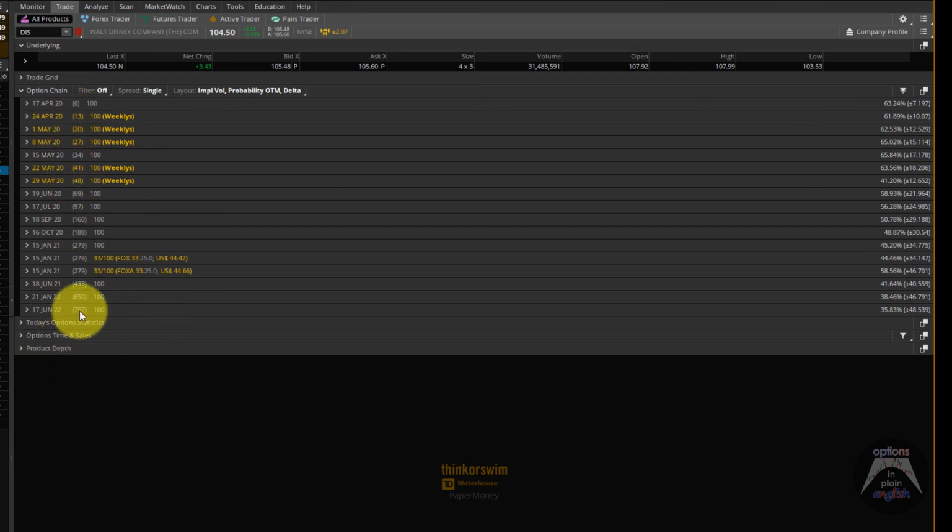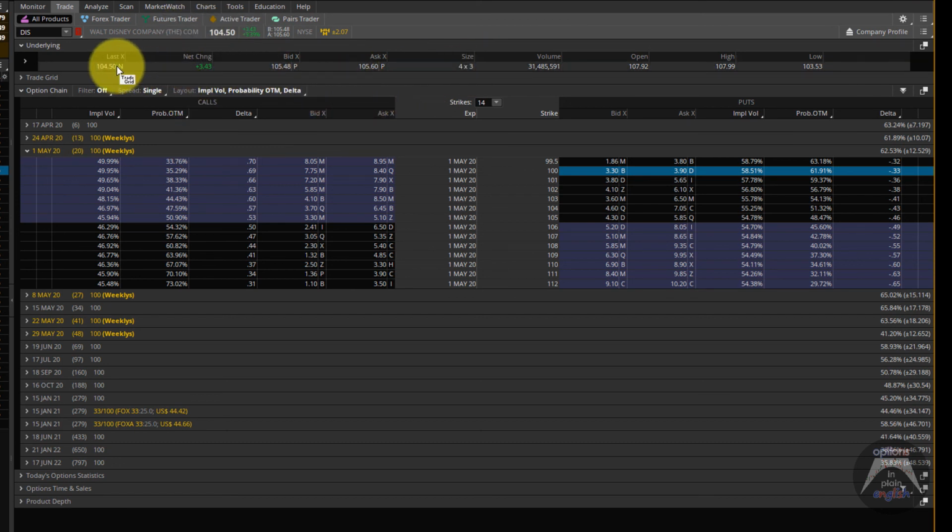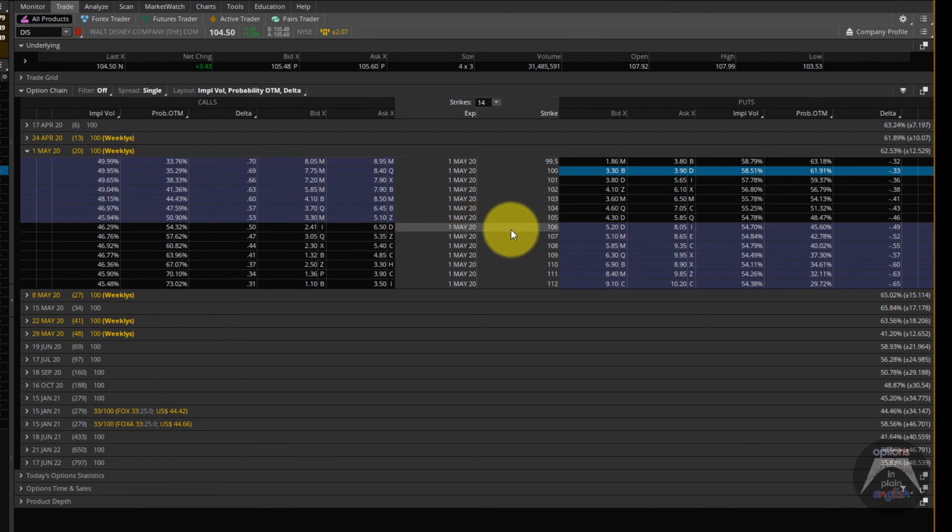In this case you can go all the way up to June of 22, so over 2 years in the future. But we're gonna pick the one with 20 days. So in this case, the price is $140, and we're going to buy the $100 strike price, the put for the $100 strike price.